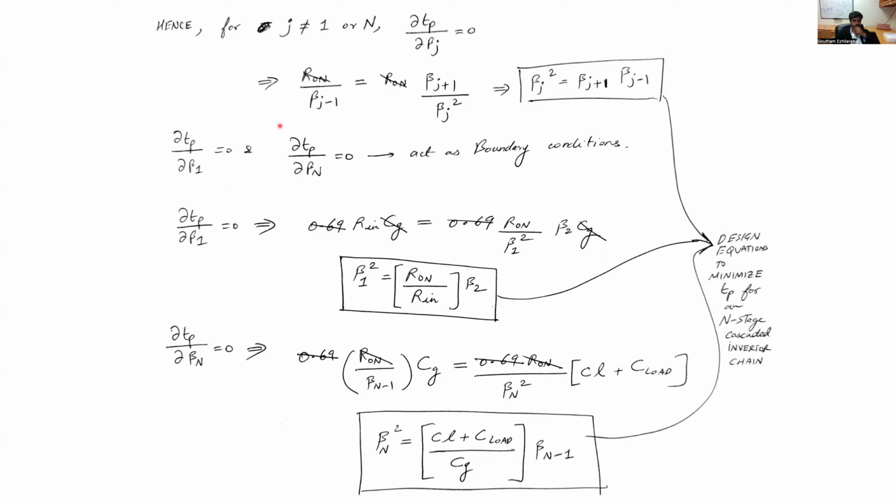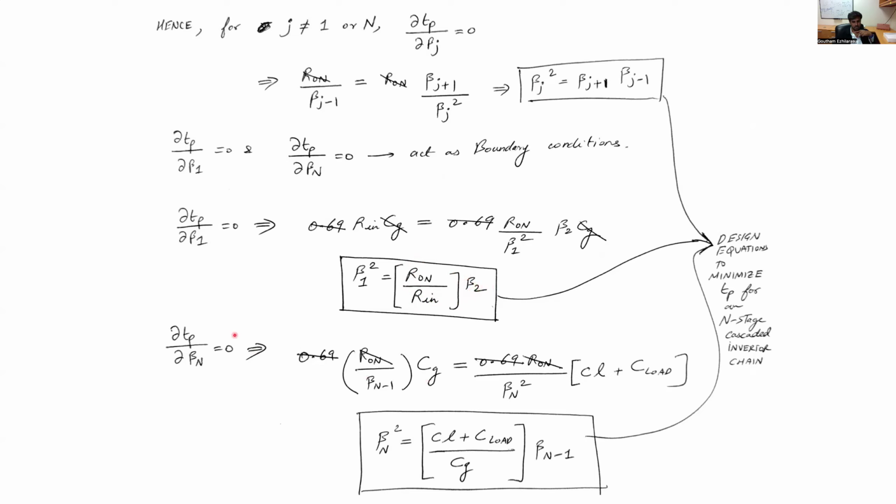And similarly, you also have the boundary terms, and if you work out the boundary terms, we find that for the first stage, the square of the size of the first stage must be equal to the on resistance of the unit inverter over the input resistance of the digital logic input times the size of the second stage of the cascaded inverter chain.